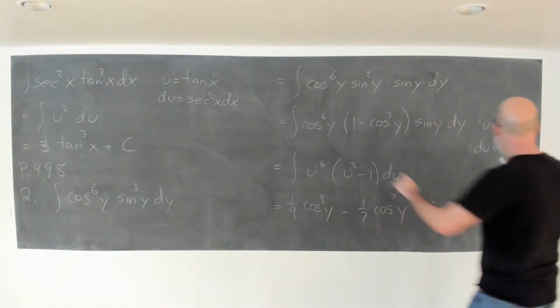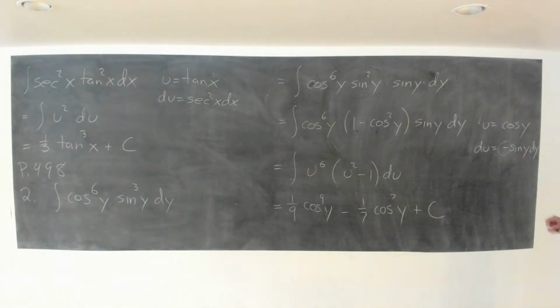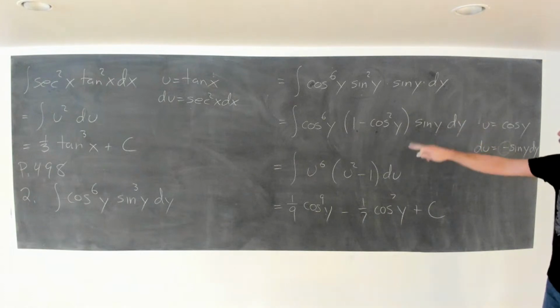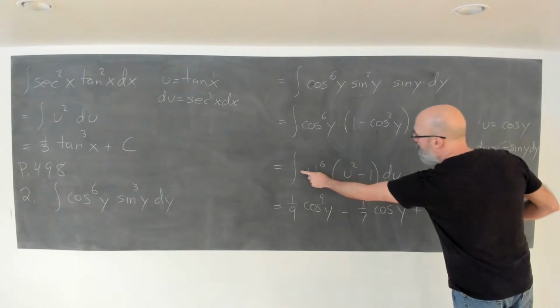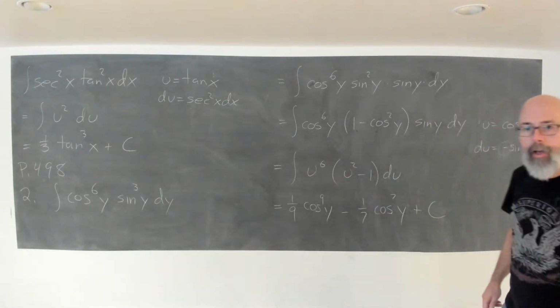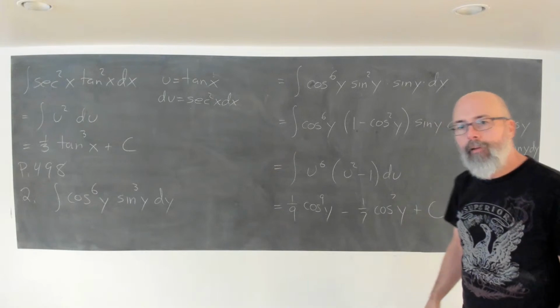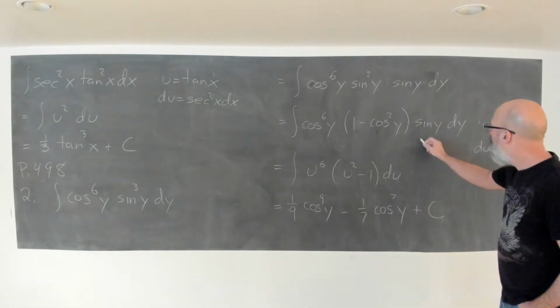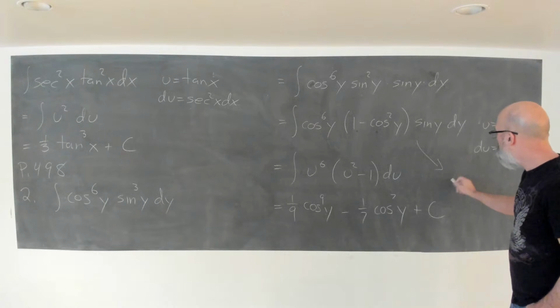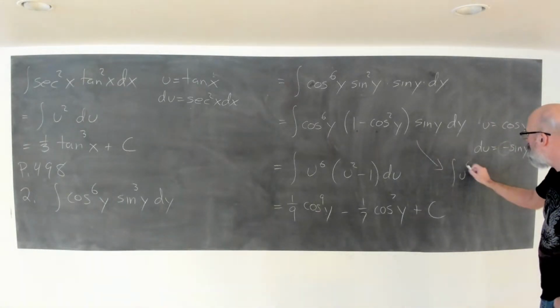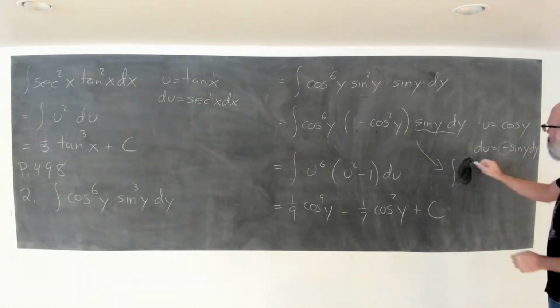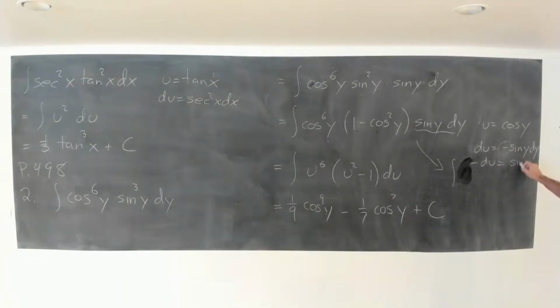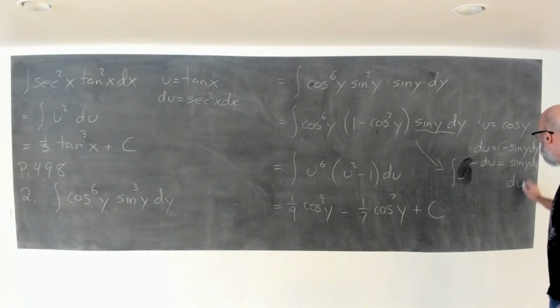Somebody still doesn't see the flip because of this negative here, right? This is negative du. So if I have 1 minus u squared and I have a negative outside, I can multiply the negative in there. So let me not skip any steps here. This is u to the 6. First, this sine y dy is negative u. So negative du.